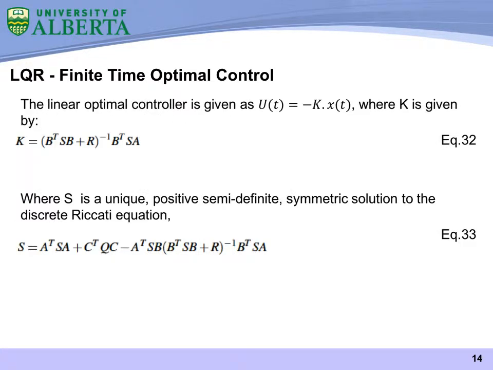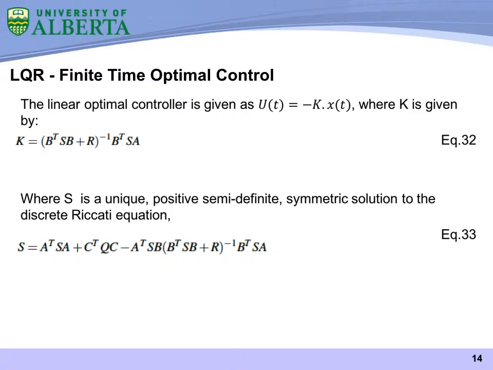In other words, finite time optimal control is again going to be the following controller, and this controller is going to give a slightly different K in the case of the discrete system. In this case, S is the unique positive semi-definite symmetric solution of the discrete Riccati equation.